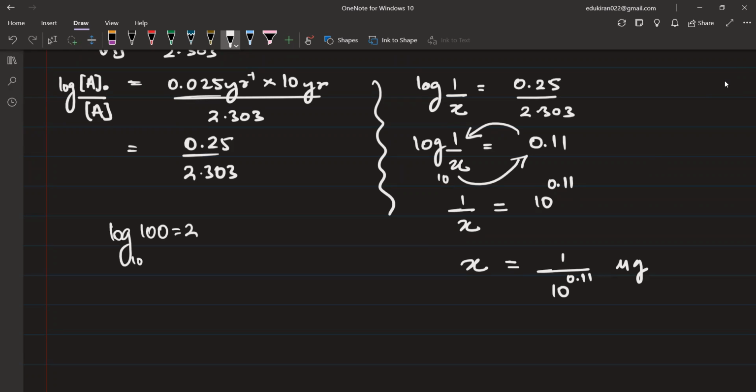So log has a base 10, 10 to the power 2 is equal to 100, right? So I need to remove this particular thing. So I have just written this 10 to the power 2 is equal to 100 from here. So I have removed the log. How I removed the log: 10 to the power 0.11 is equal to 1 upon X. Got it now, Mohammed Umar?